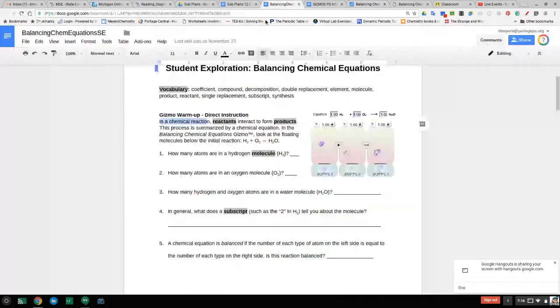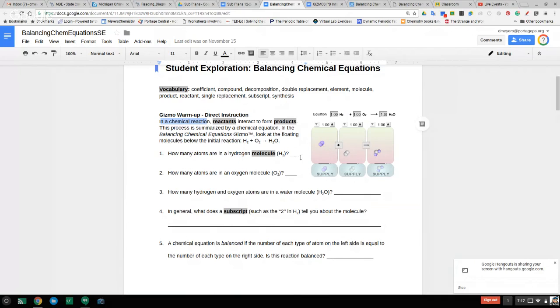So the sheet says, looking at this initial reaction: hydrogen plus oxygen yields water. And so what we need to identify is how many atoms are in a hydrogen molecule. So molecule is the component, the substance there, but how many purple dots do you see present? Now your sheet, it's in black and white, so the darker gray, I believe, is the hydrogen.